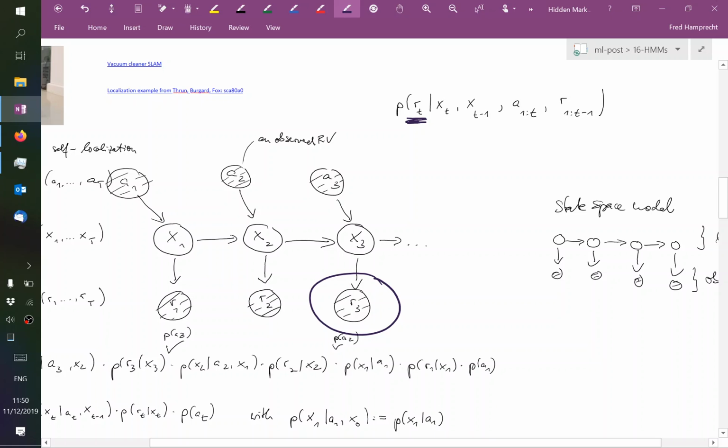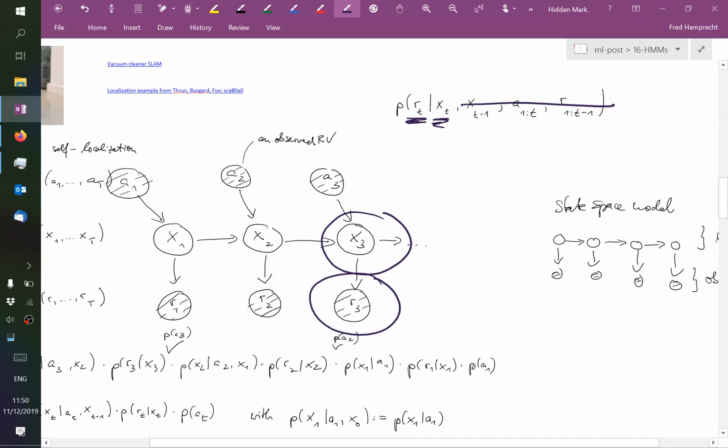We are interested in the conditional probability of that given x_t. That would be that. And then given several other variables. But we can see that in this particular directed graphical model, r_t given x_t is conditionally independent of all the others. So these I can simply omit. Okay? Does it make sense?